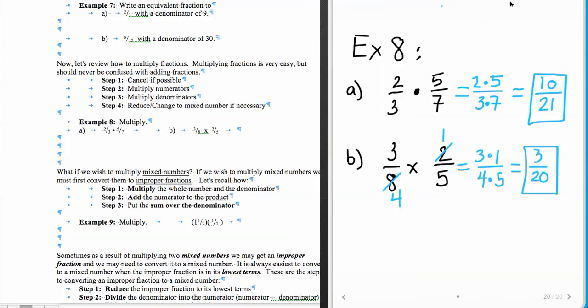So if we have the mixed number 1 and 1/2, in order to get that into an improper fraction, we're going to multiply the 2 times the 1, and then we're going to add the 1. So we're going to get 3, and it goes over the original denominator.